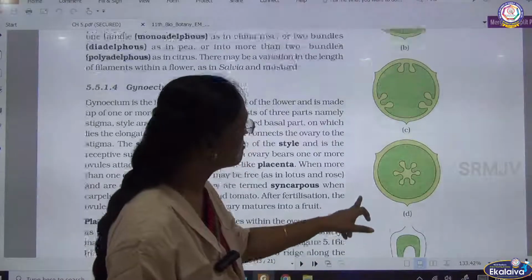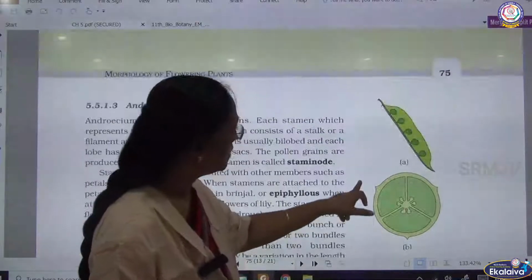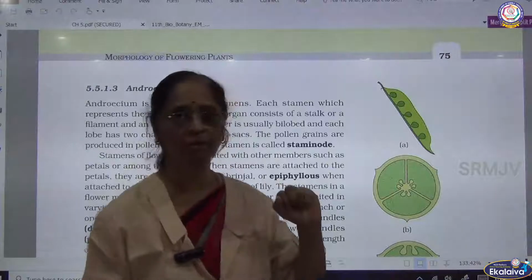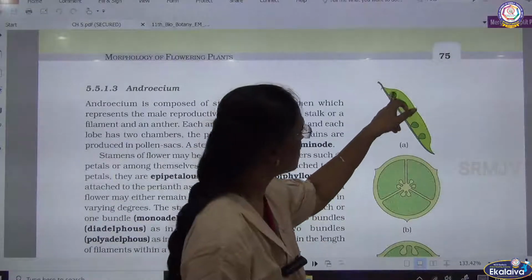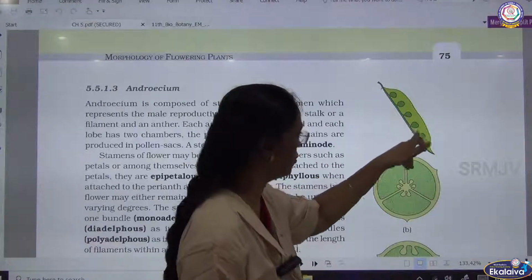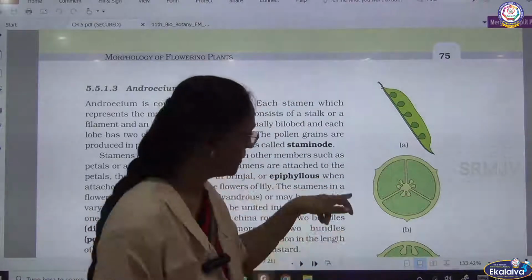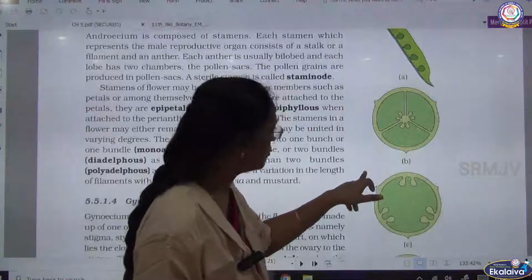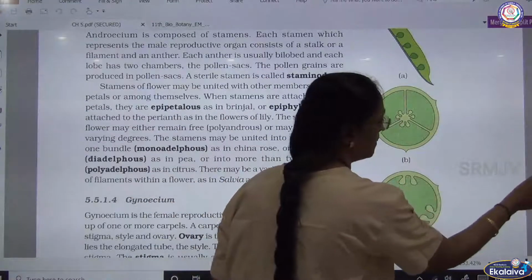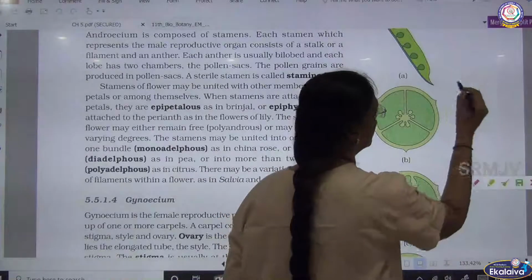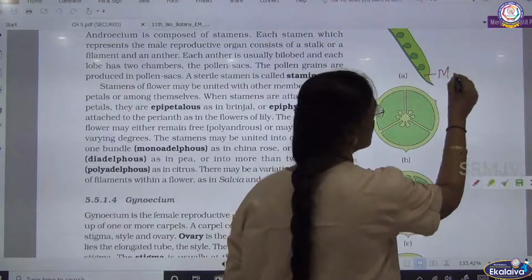You can see in this picture, this is the marginal placentation, where you will find a ridge that has been formed, and on this the ovules are borne, which we can find in peas. This placentation is called marginal placentation.